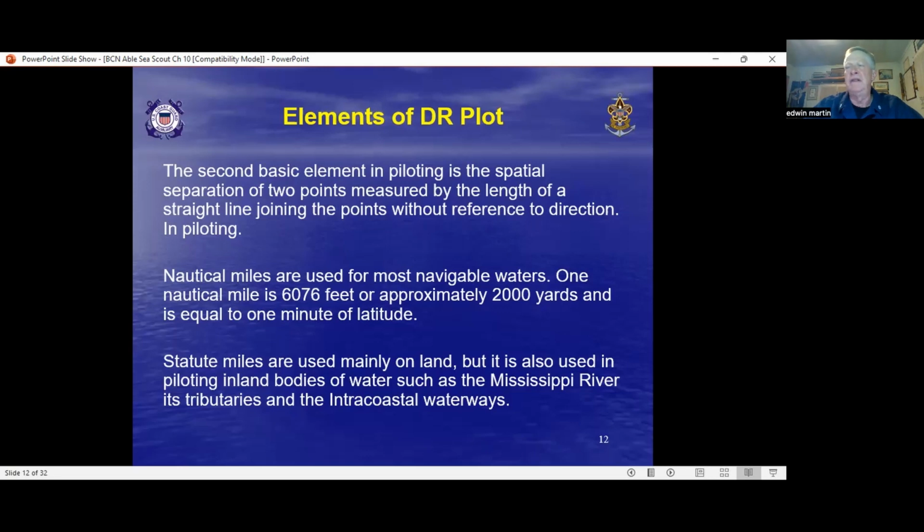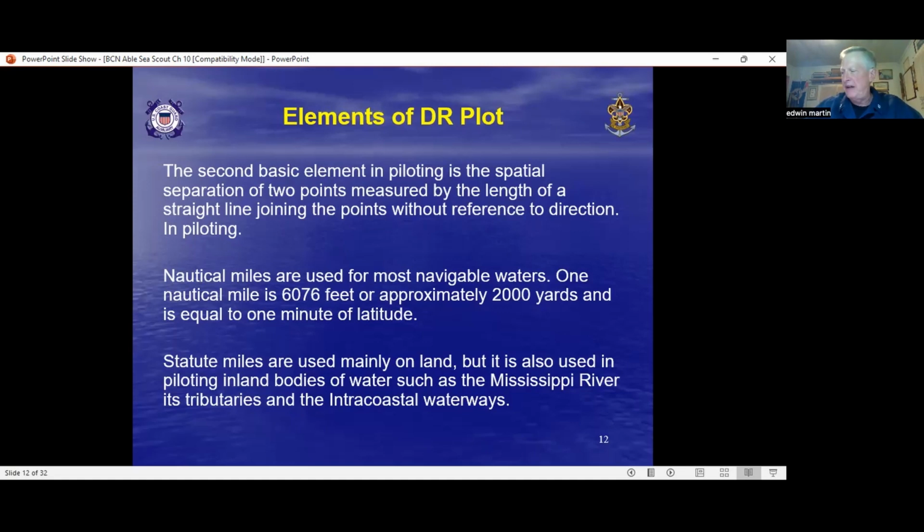There are 6,076 feet in a nautical mile, 2,000 yards. We measure a nautical mile by 1 minute of latitude. And if you're looking at a paper nautical chart, that's the scale that's on the right or left side, if the chart is oriented north.